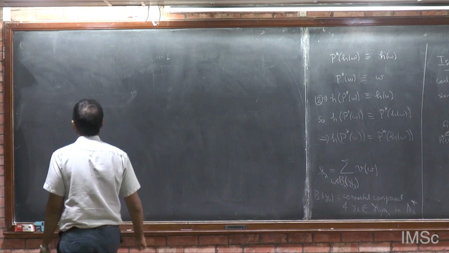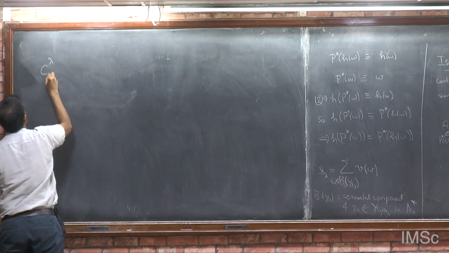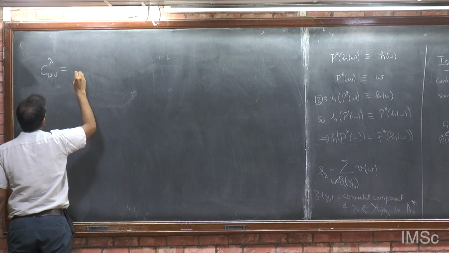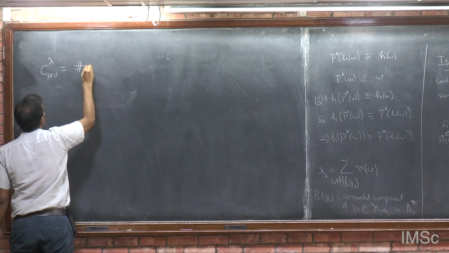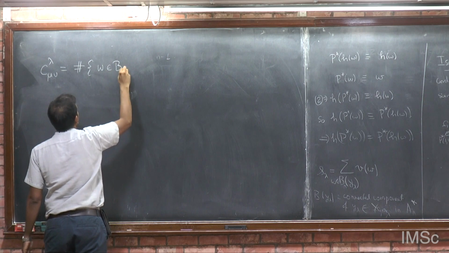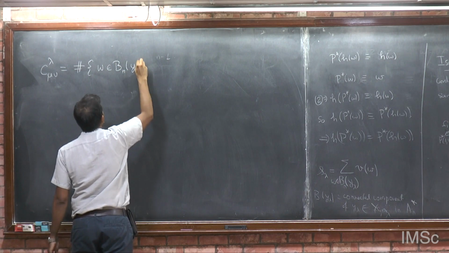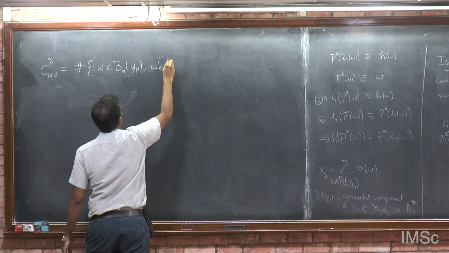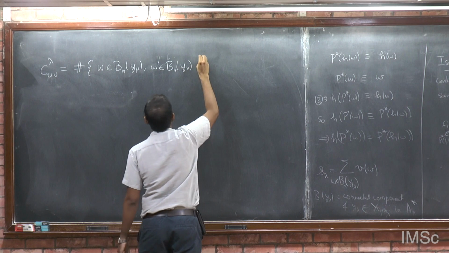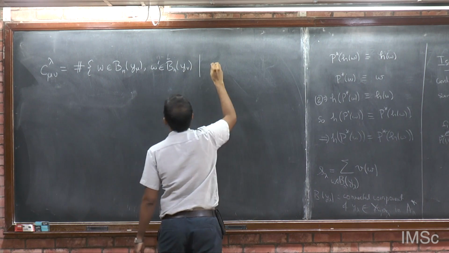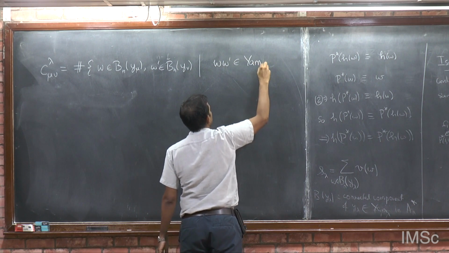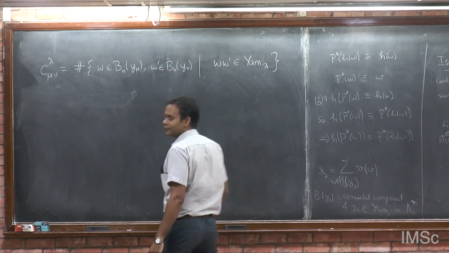So what we have is c lambda mu nu equals the number of W in B_n(y mu), W prime in B_n(y nu), such that W W prime belongs to Yam, right? That's what I proved.